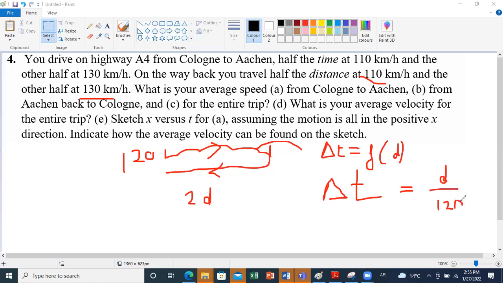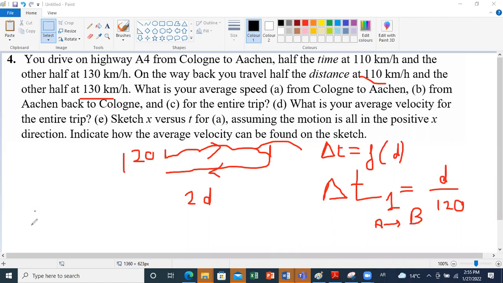And in the second phase we studied, we have just developed together what delta t is. So this is delta t of phase 1, which is going from A to B, now as a function of the distance d.